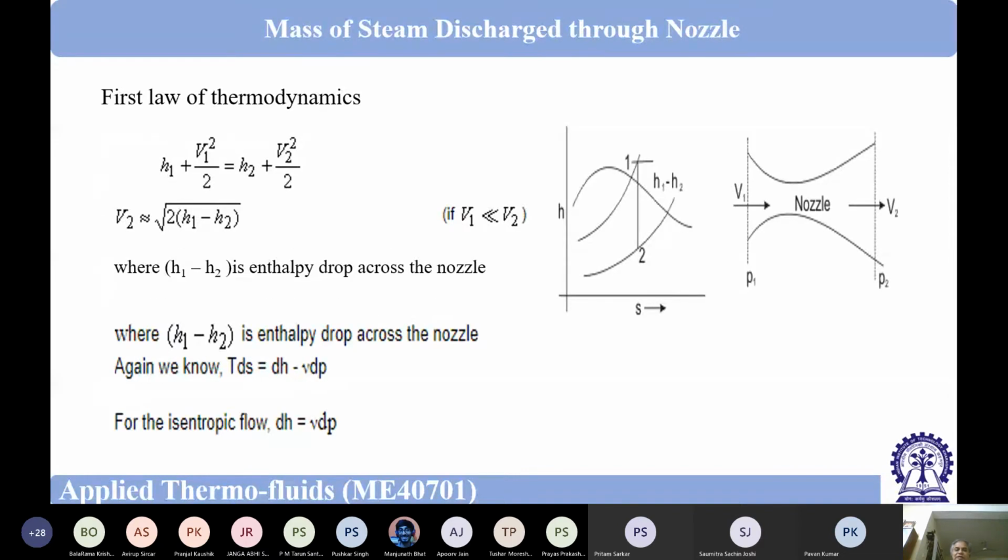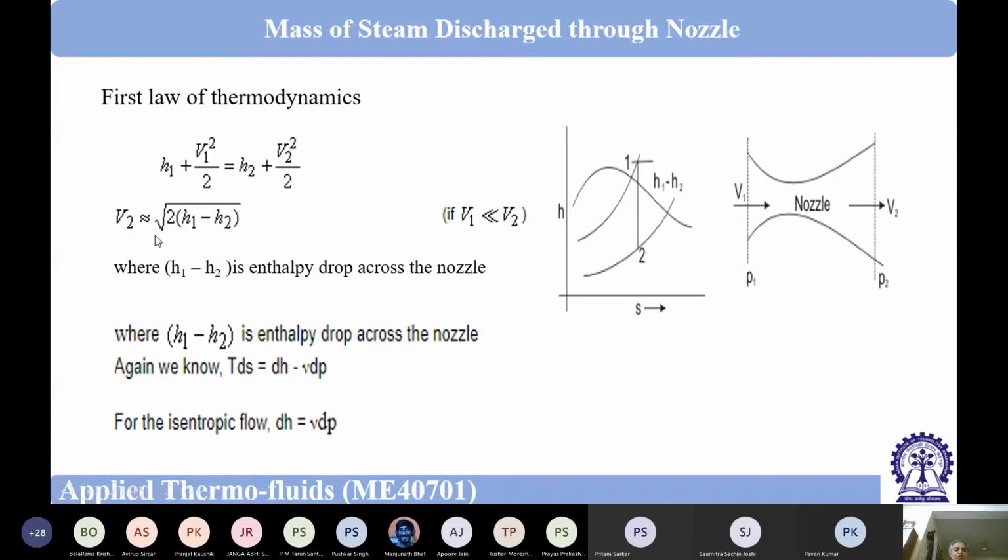As shown here, this is the convergent portion and this is the divergent portion. First law of thermodynamics: H1 plus V1 square by 2 is equal to H2 plus V2 square by 2.